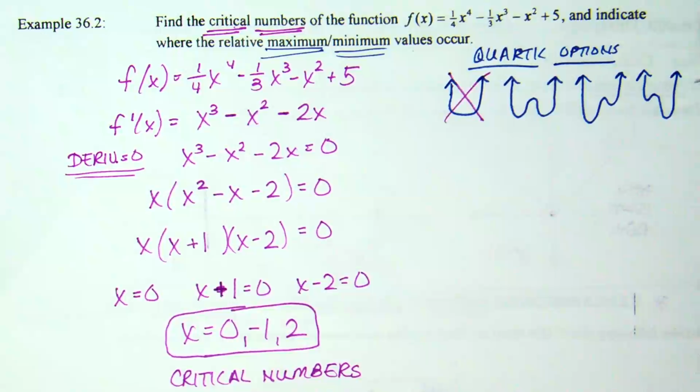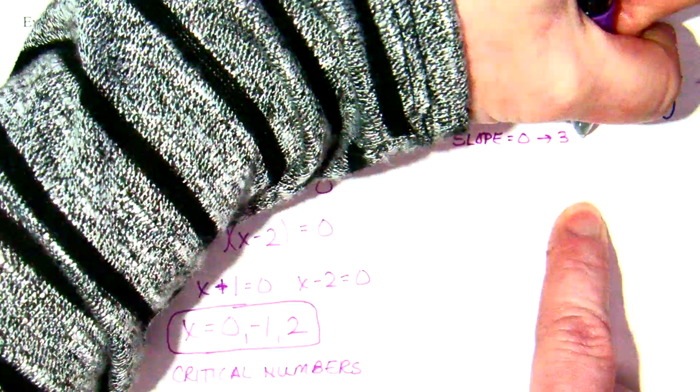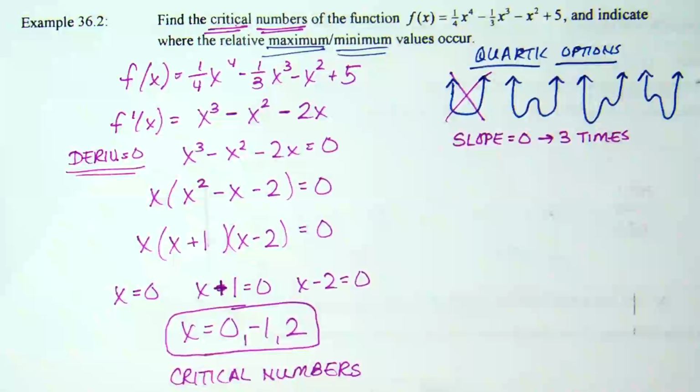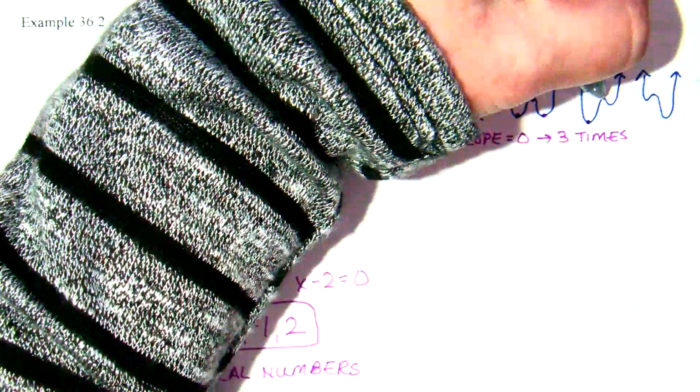The key is here, our critical numbers, we have 3 critical numbers. So our slope equals 0 3 times, which is why we know it's not the first option, it's one of the other 2. Now, what does that mean is happening? We're going to have a min, max, min. No matter which one it is, it's a min, max, min.